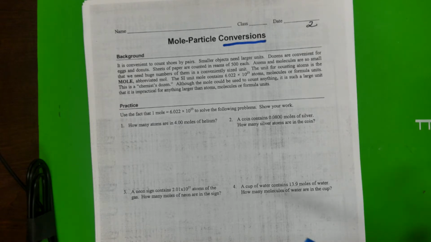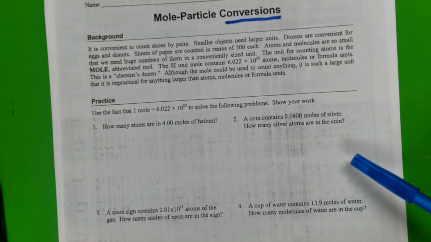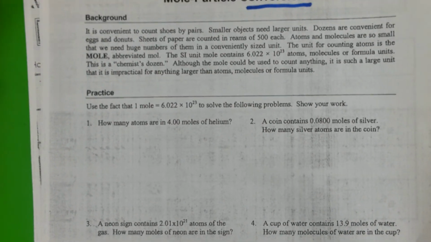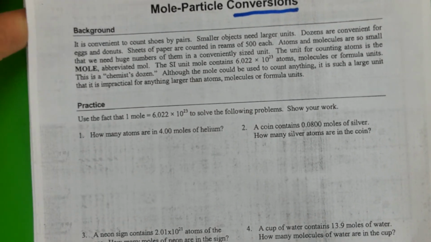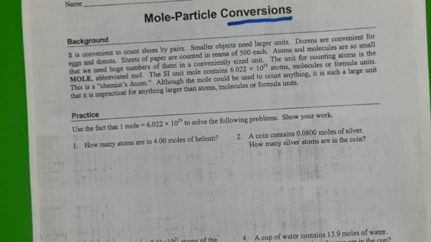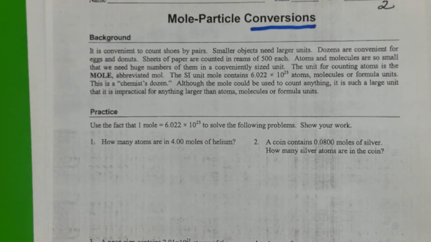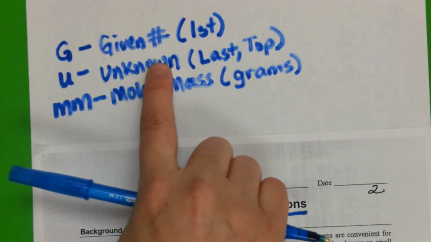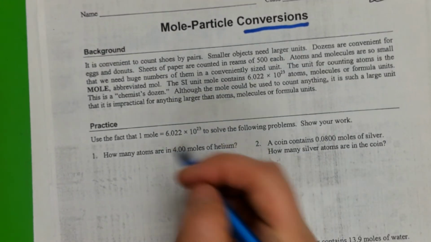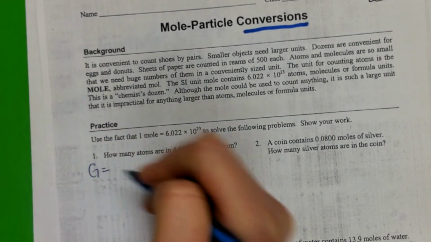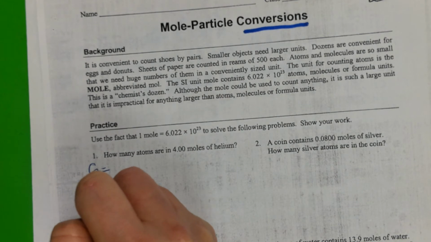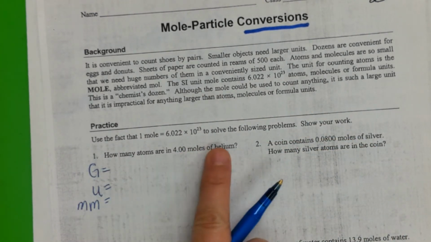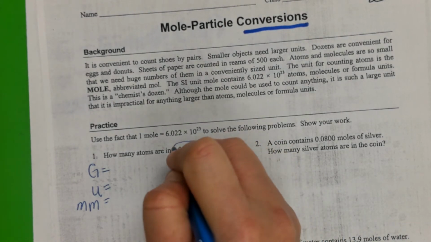I want to work on the first one. How many atoms are in 4.00 moles of helium? So in here, we're going to start with GUMM, given and unknown. So it will be G, U, and M. The G is given, and given is this one right here.